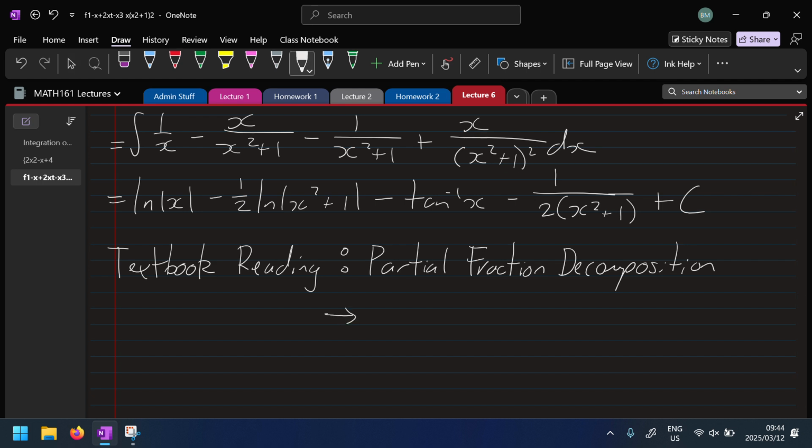And then please read a very small sub-chapter on rationalizing substitution. Very small, but please read that for tomorrow. If you want to start with the tutorial work, there are some questions on this rationalizing substitution. You can try them out. But the rest of the tutorial, you should now be able to complete.